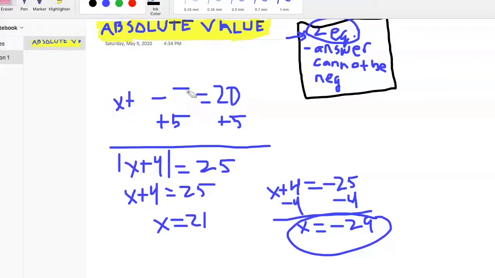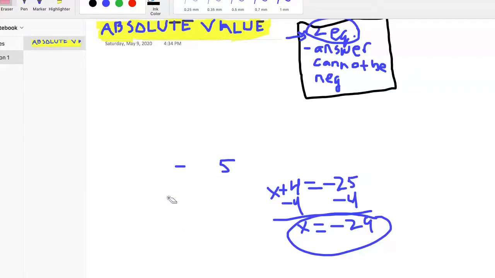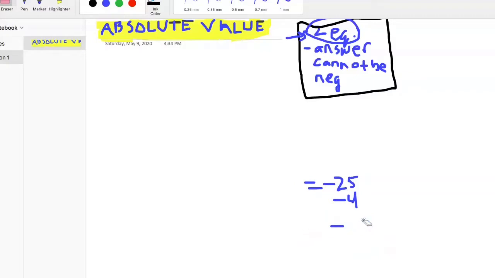Okay, so if you're comfortable with that, you've got the majority of the absolute value type questions that you can see. There really would just be one other exception, which I would not be surprised if it would show up for you. And that would be if the answer is negative. Okay.